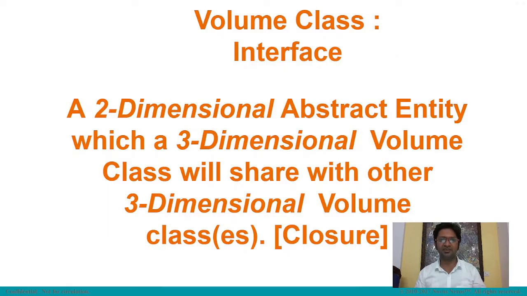Similarly, let's see one more enclosure entity of the volume class, that is interface. So interface is a two-dimensional abstract entity which a three-dimensional volume class will share with other three-dimensional volume classes. So it's actually the common entity between the three-dimensional classes.